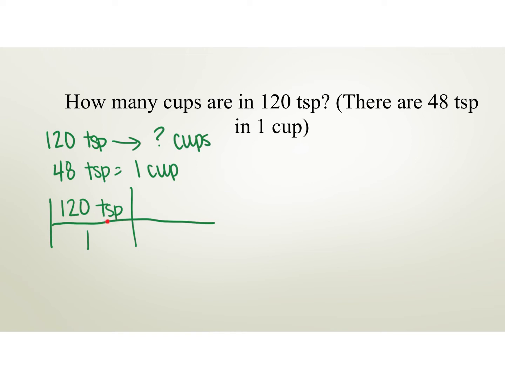Nope, because what unit has to cancel? Teaspoons. If teaspoons is up here, teaspoons has to go in the bottom. So 48 teaspoons has to go in the bottom, and then 1 cup goes in that top box. So teaspoons cancel. I'm left in the unit cup, and what unit do you want your final answer in? Cup.